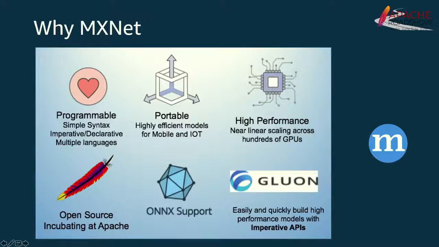So far, we covered a few things about deep learning. So let's see the Apache MXNet framework, which is an incubating project at Apache. The first question is, why MXNet and how is it so different? I have many reasons here.